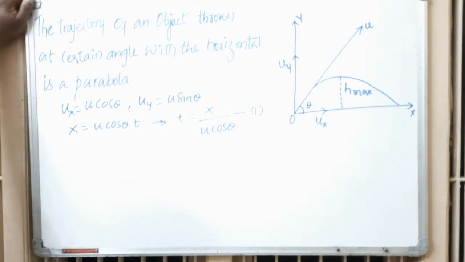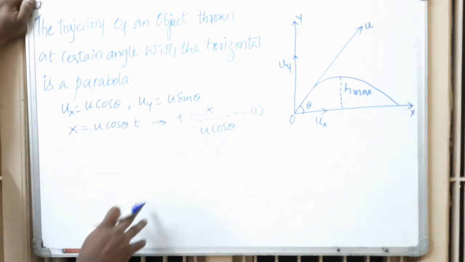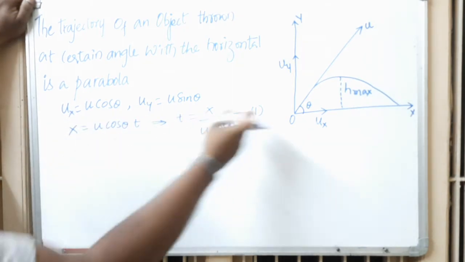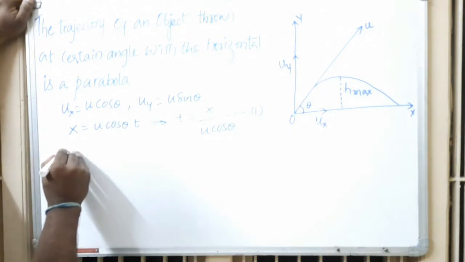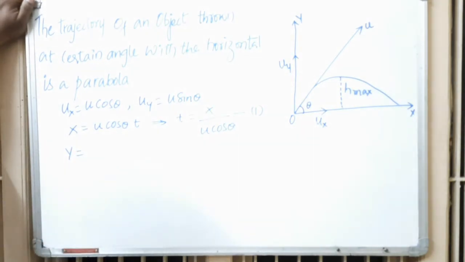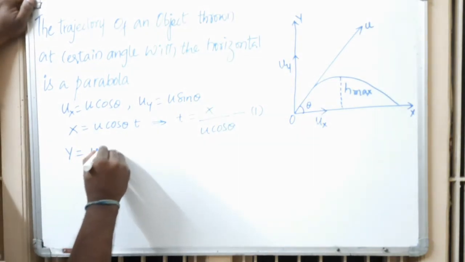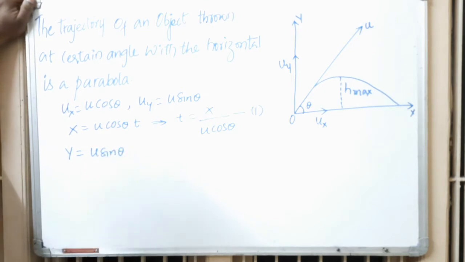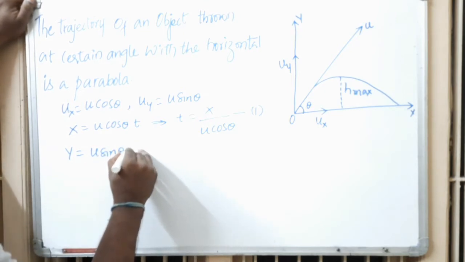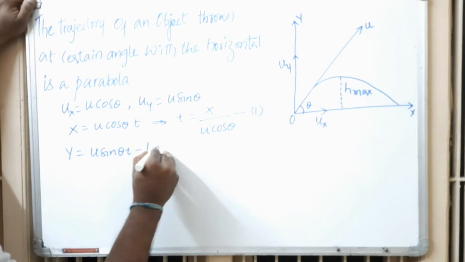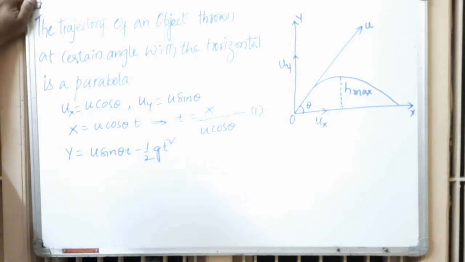Now after t seconds, the vertical displacement. We discussed horizontal displacement; now vertical displacement, which means in the y-axis. So y is equal to u sin theta t minus half g t square.